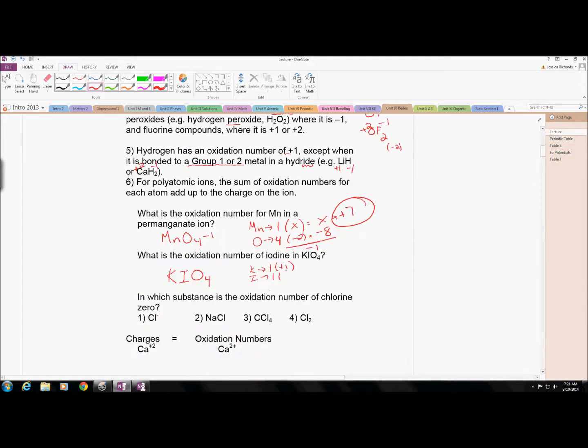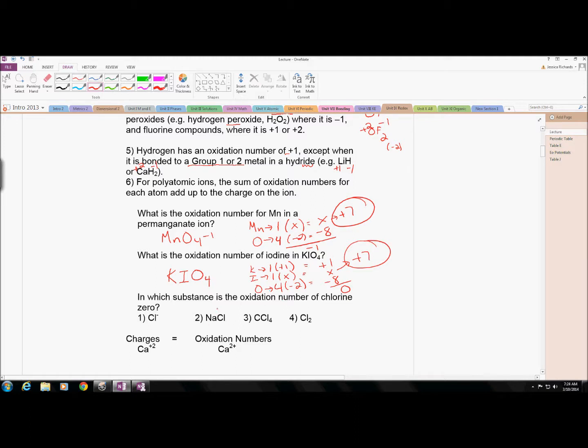We don't know what it is yet, so we leave it as X. Oxygen, again not a peroxide or with fluorine, must be -2. That means I have +1, X, and -8. Remember, it's a neutral compound, so overall it has to be 0. That means my X must be +7.